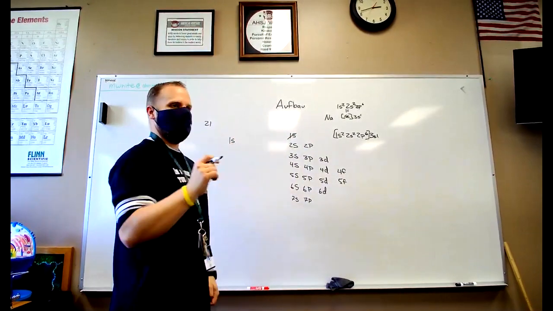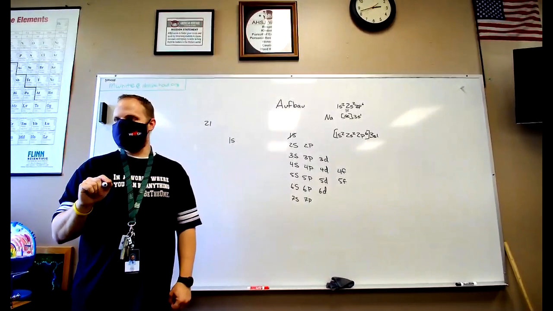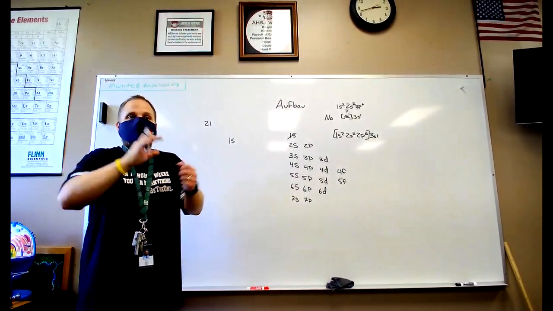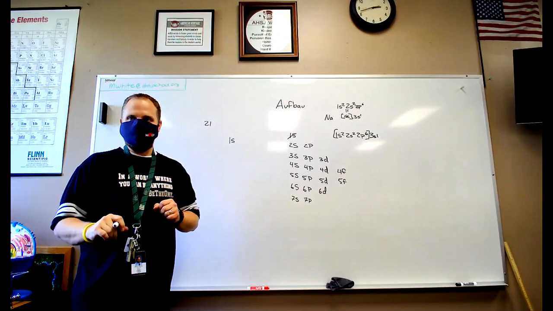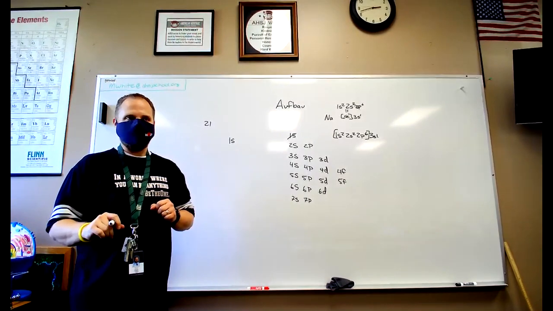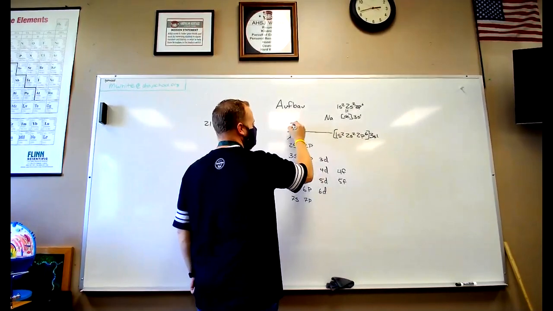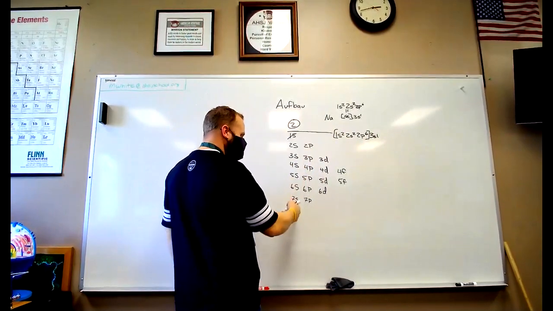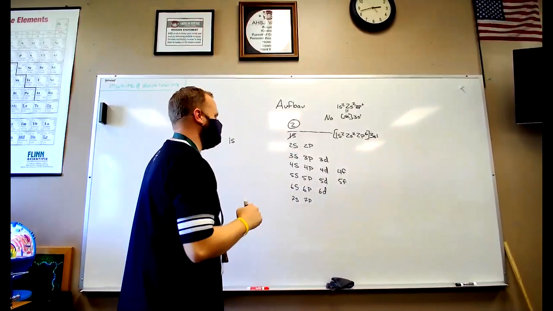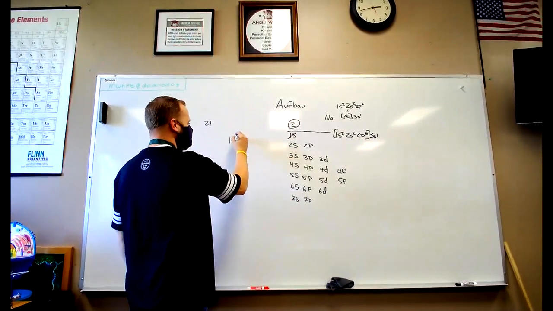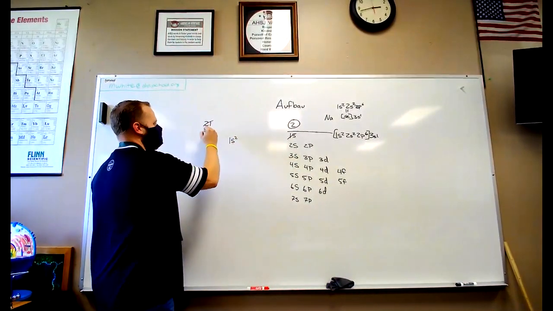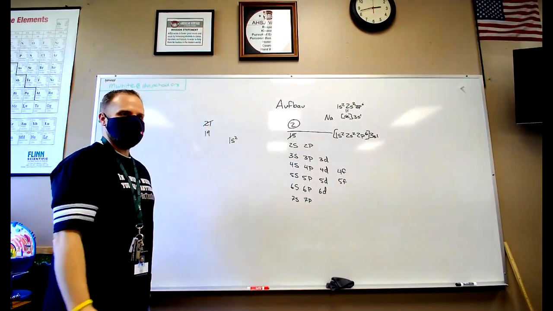How many electrons fit in the 1s orbital? How many electrons fit in any s orbital? One. Not one. No. It's two. Okay. So the s orbital always has two, no matter what number it is. It has two. We can put 2 there. So now we're down to 19.